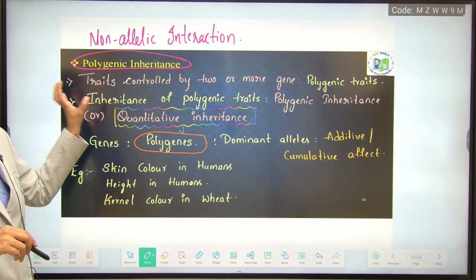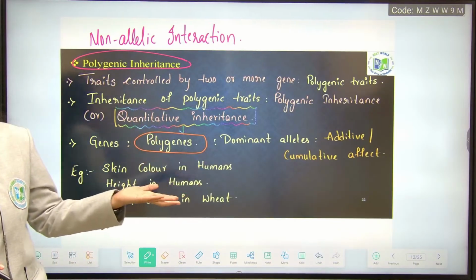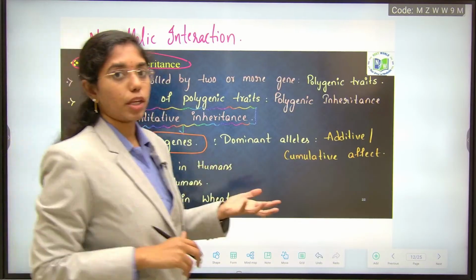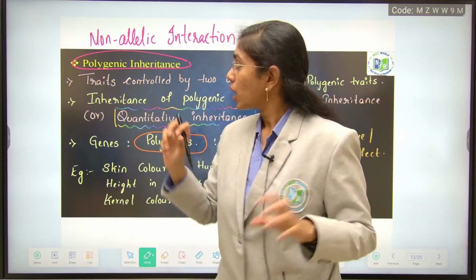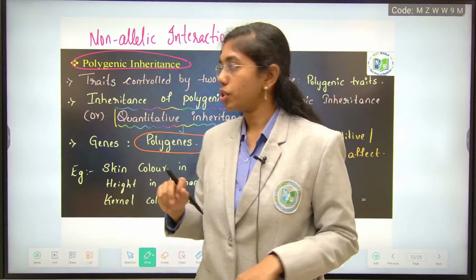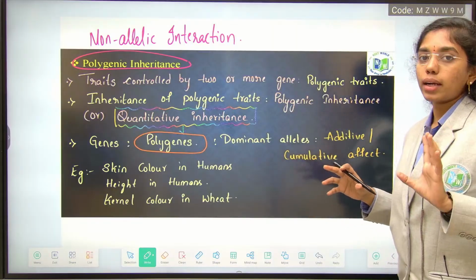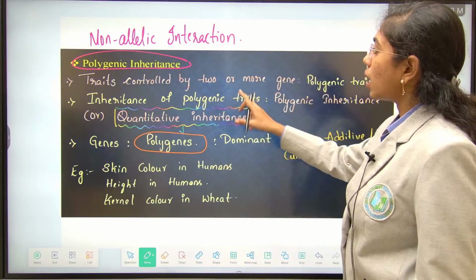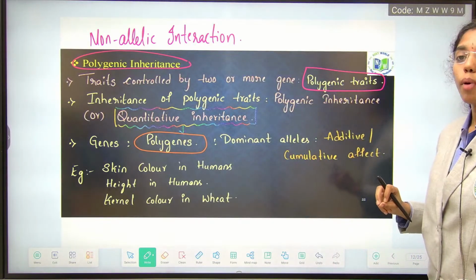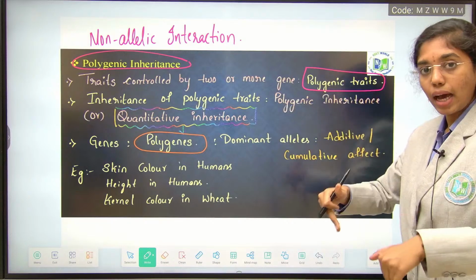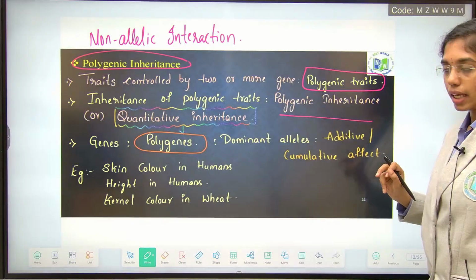According to polygenic inheritance, traits are controlled by two or more genes. In pleiotropy, one gene shows multiple effects. In polygenic inheritance, many genes control one character or one trait. The traits controlled by two or more genes are known as polygenic traits, and their inheritance is known as polygenic inheritance.